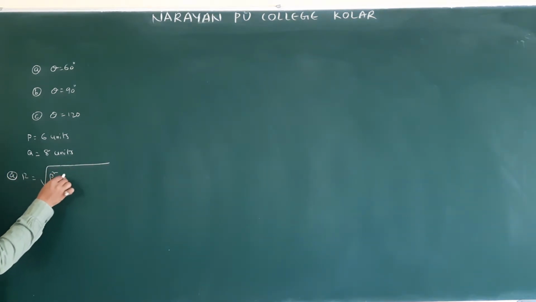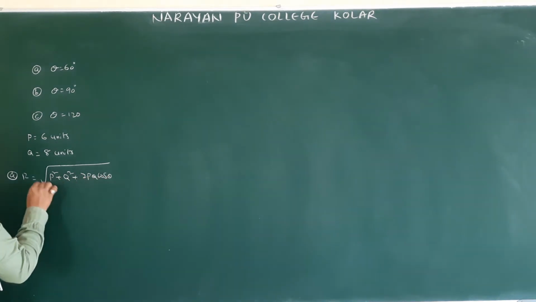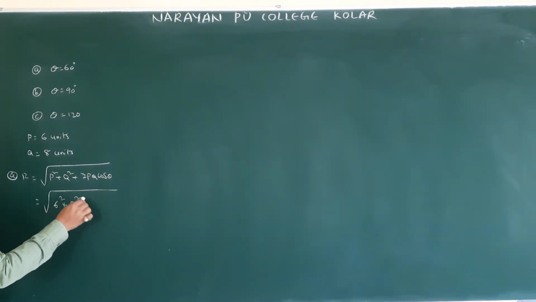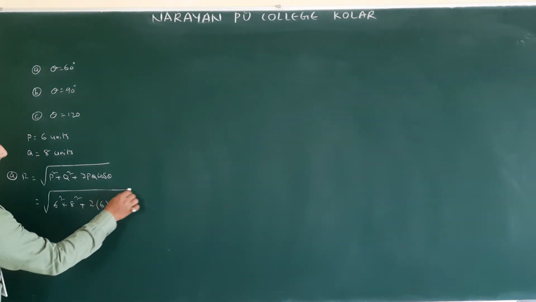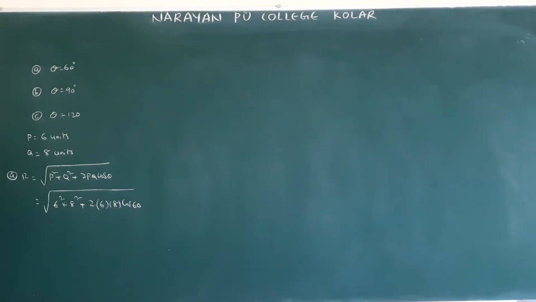The general formula, root of P square plus Q square plus 2PQ cos theta. In this, P value is 6. So 6 square plus 8 square plus 2 into 6 into 8 into cos 60. What is the cos 60 value?